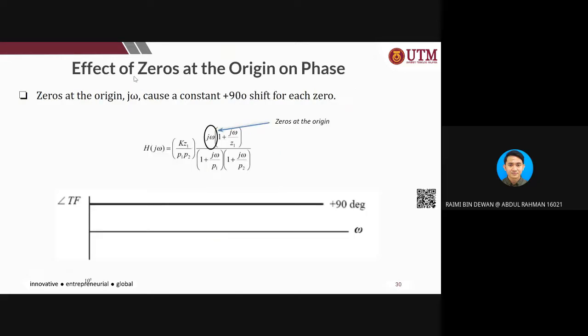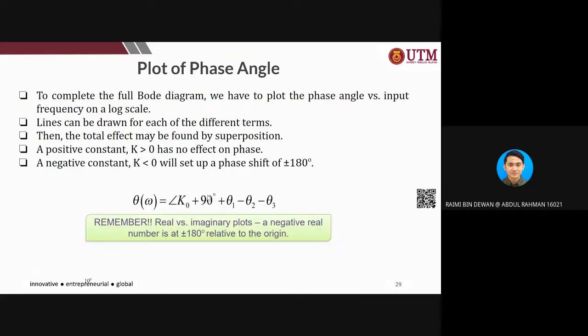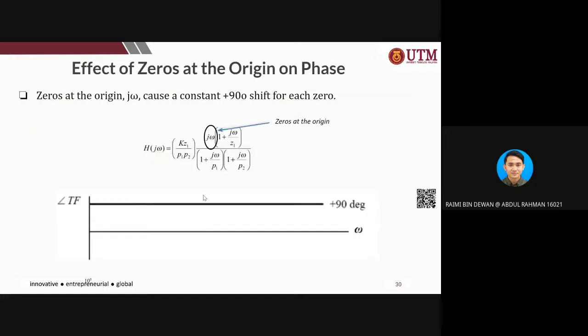Effect of zeros at the origin on phase. Zeros at the origin, j omega, cause a constant 90 degree shift for each zero. Like I told just now, this one is coming from zeros at the origin.